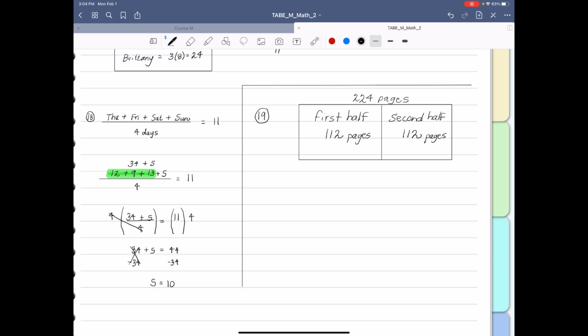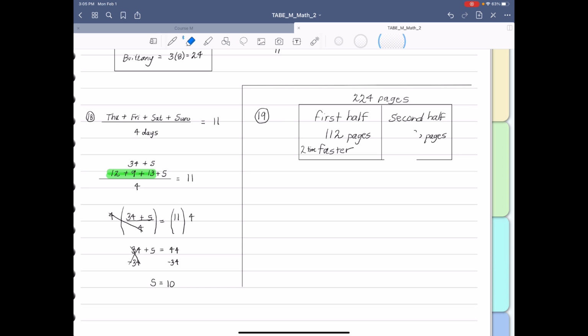Now I want to ask you a very important question right here. Which half did he read faster? Sergio reads the second half of the book half as fast as the first half. So this part was 2 times faster.